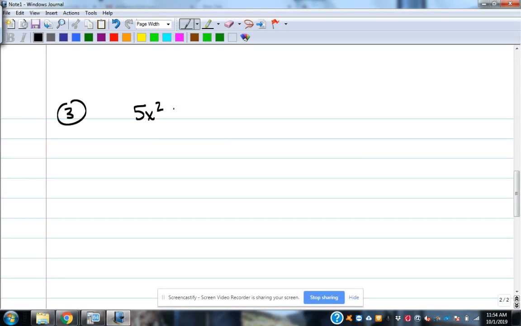5x squared minus 17x is equal to -6. What's wrong with this? Not equal to 0, so I can't solve it by factoring yet. So I need to do what to get it equal to 0? Adding 6 to the other side would be the shortest way to get there.